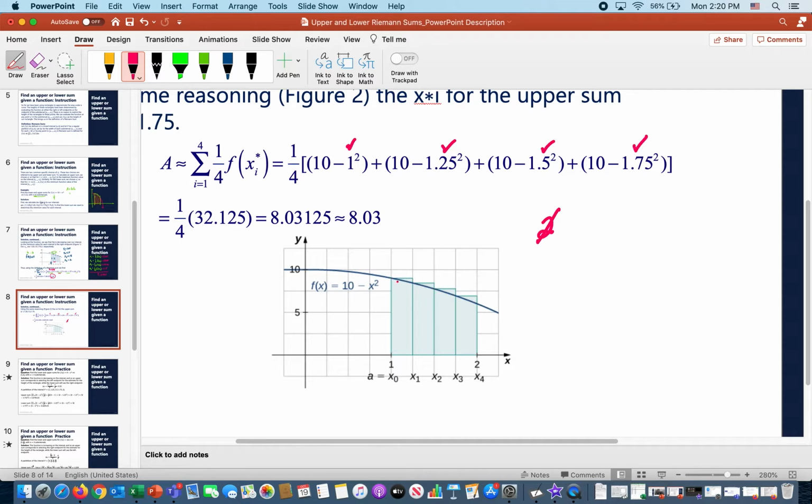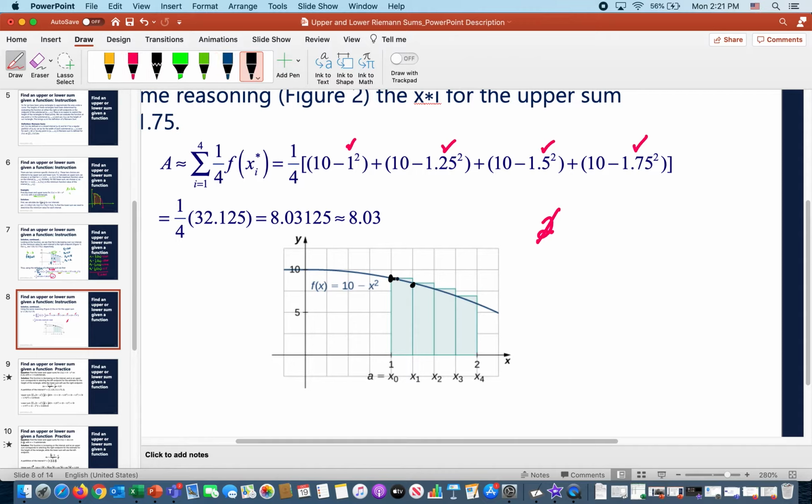Notice how when I draw the rectangles, it goes beyond the actual curve. We call this an upper sum because we're letting the height of this rectangle be determined by the greater of the two y values. So when I'm looking at this, I have this coordinate and this coordinate.